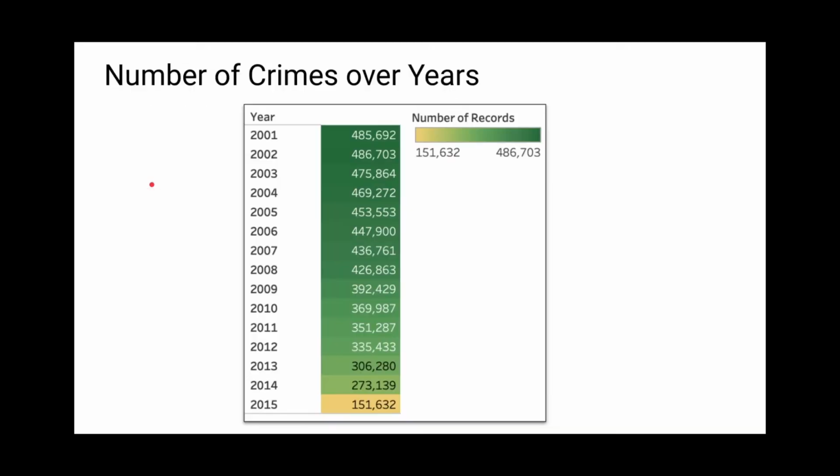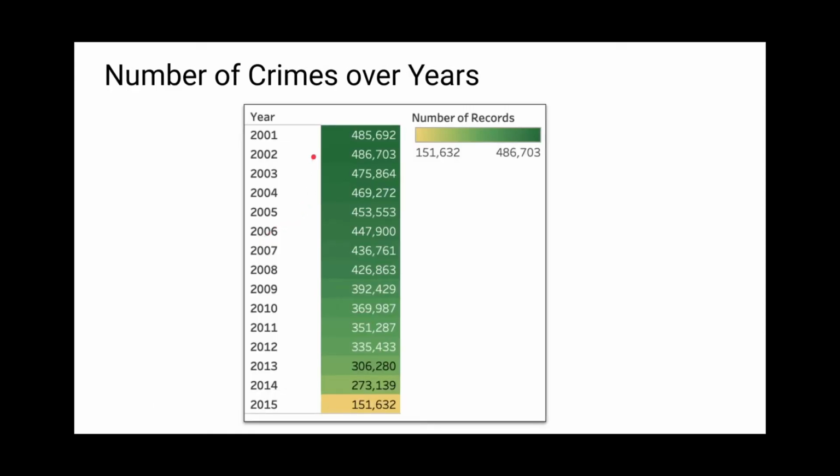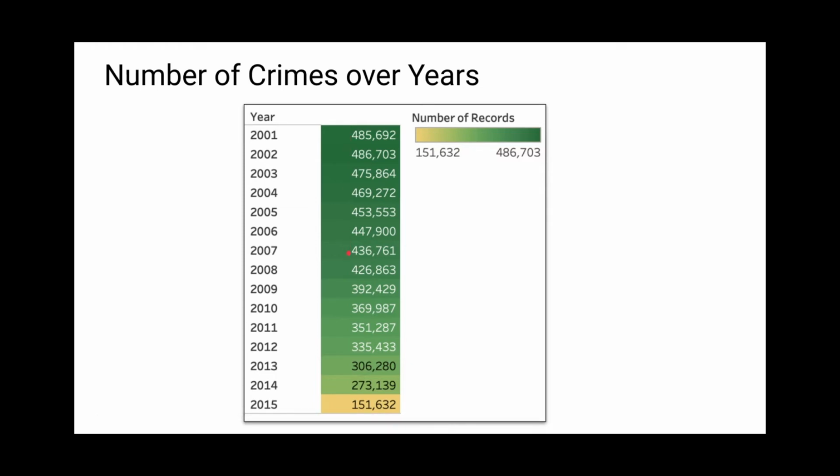So now going to the next slide, that tells us about the number of crimes over years. The whole data that is collected is from 2001 to 2015, and we can see a declining pattern, a declining number of records from 2001 to 2015.